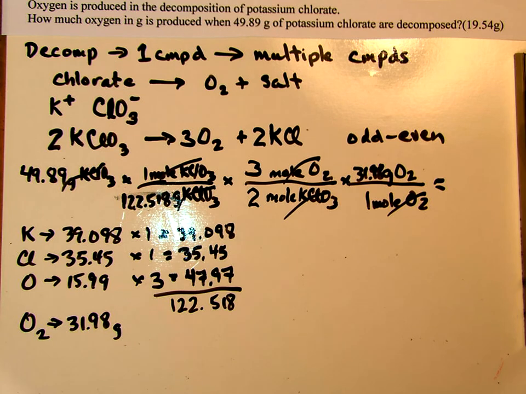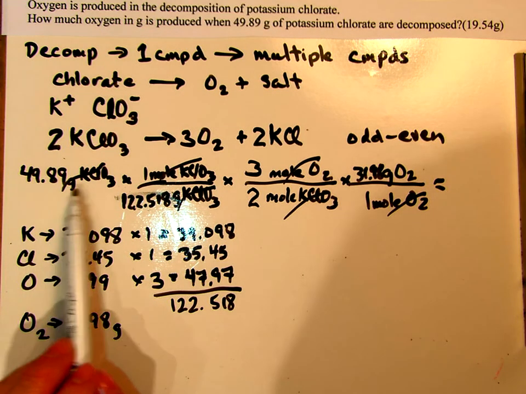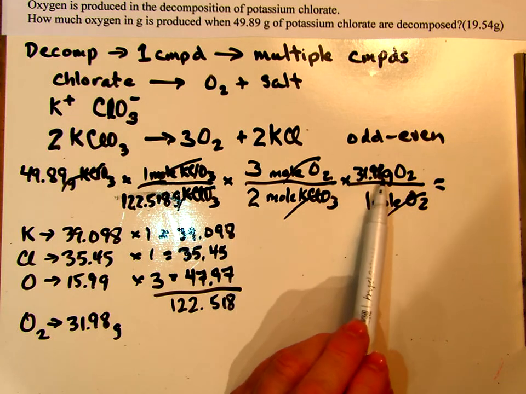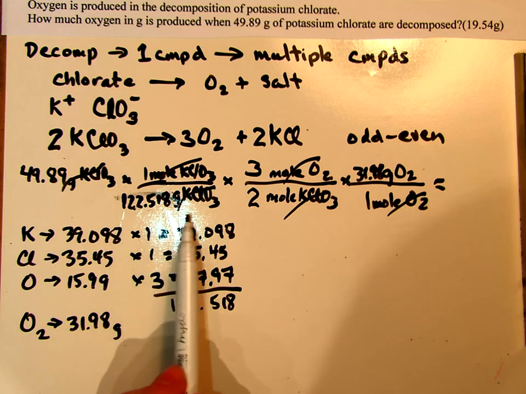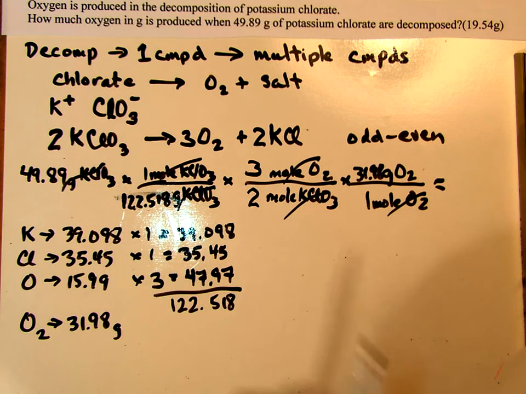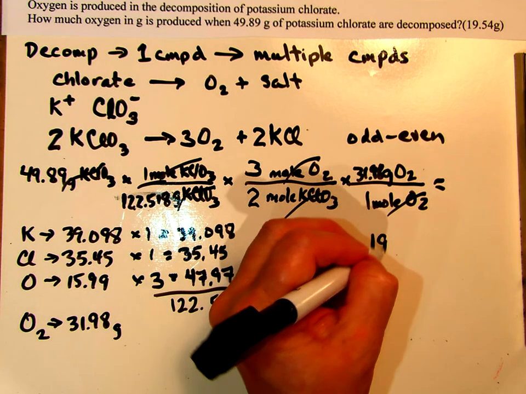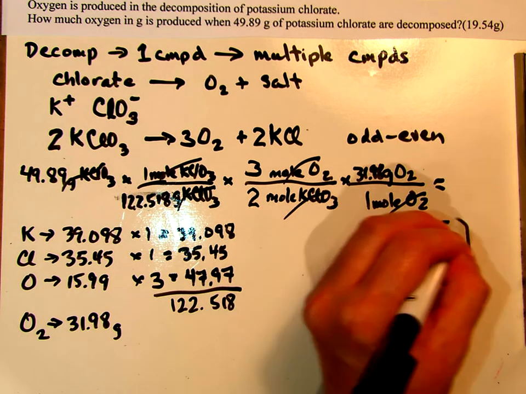Now let's bust out our calculators. 49.89 times 3 times 31.98 divided by 122.518 divided by 2. And when I crank that out, I get 19.54 grams of oxygen. All right?